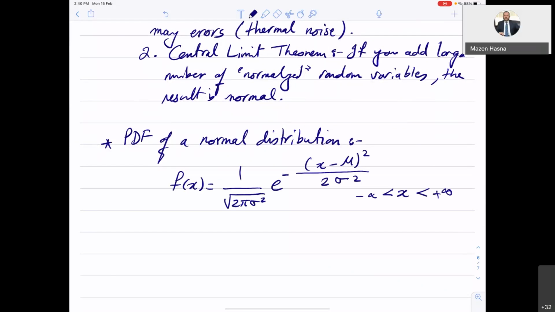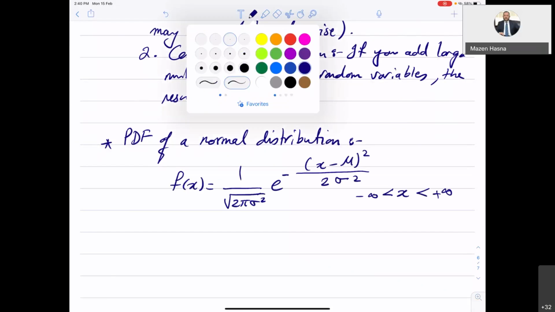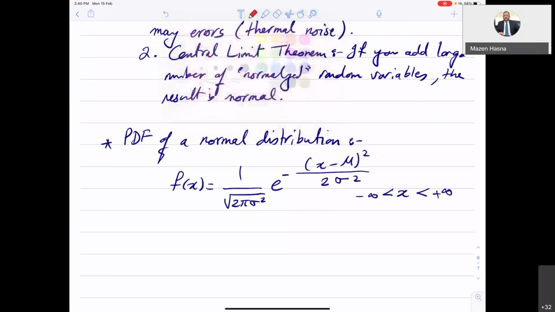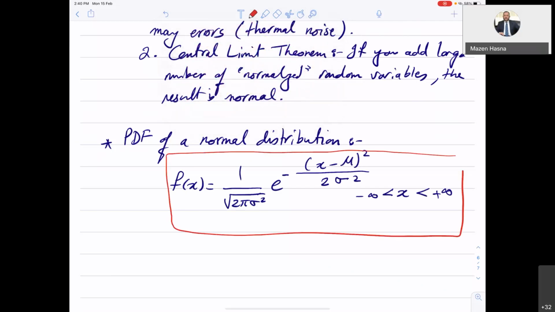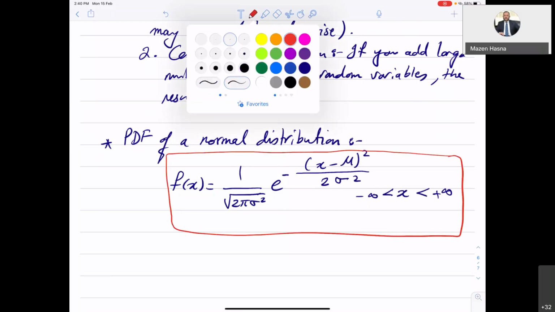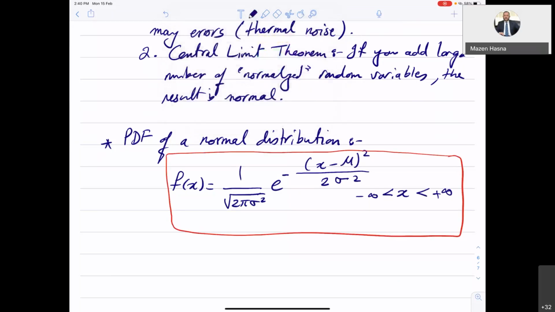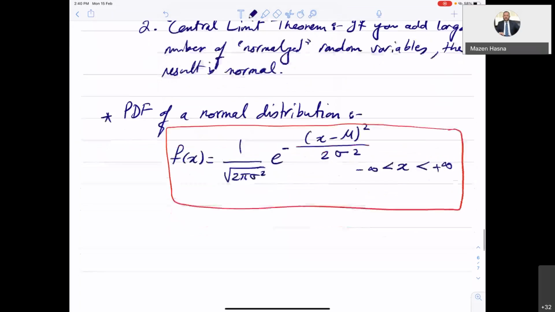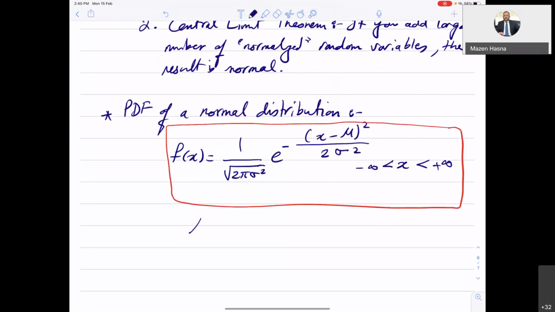This is the PDF of a normal distribution, where in this equation mu is the mean and sigma squared is the variance. So for the normal distribution, you can right away tell the mean and the variance by looking at its f of x.